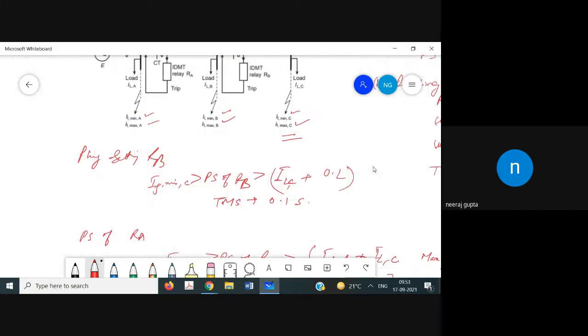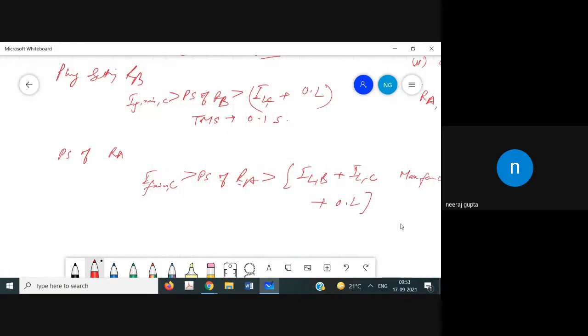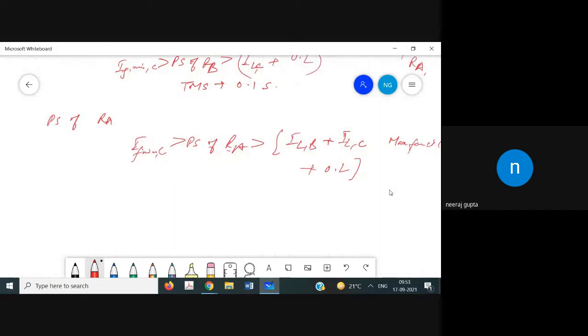We have done the setting for that also. One was 160 amperes, another was 80 amperes, and the third one is the TMS of RA. For RB we have assumed it. Then the TMS of RA we have already discussed.